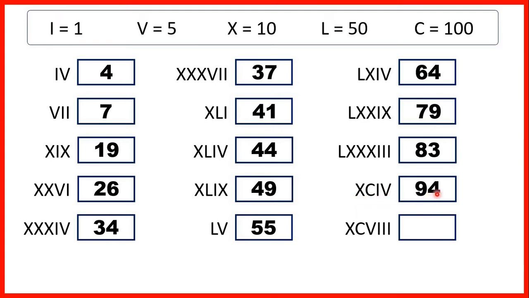XCIV is 94, because XC is 10 before 100, so that's 90, and IV 1 before 5 is 4. And finally, XCVIII is 98, because XC is 10 before 100, so that's 90, and VIII is 5 and then 3 1s, so that's 8.